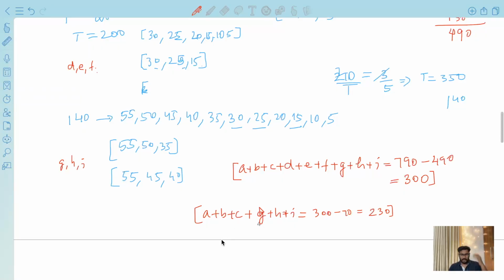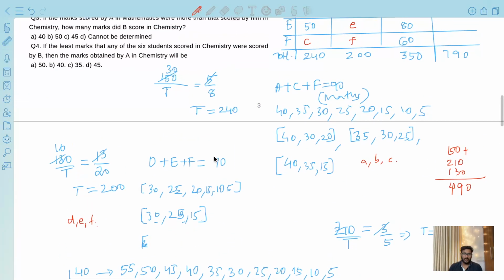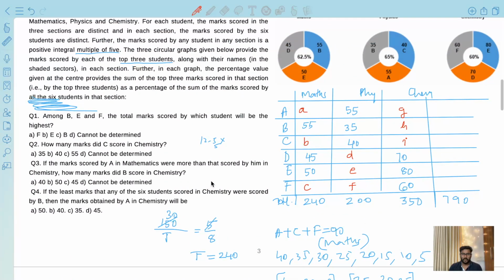Okay, does it make sense? I'm not able to find that because the sums are same. What else?